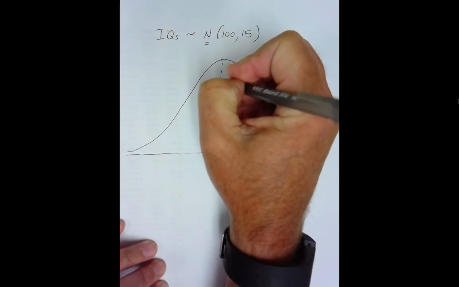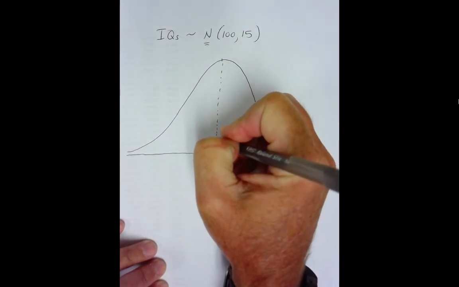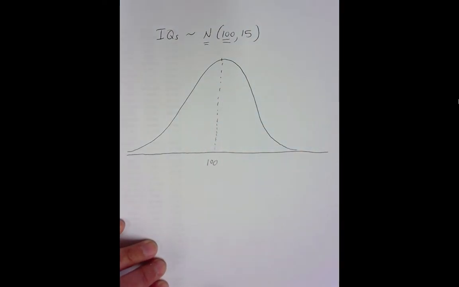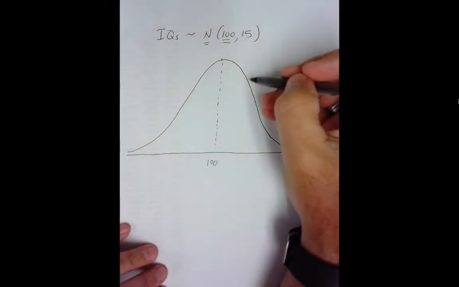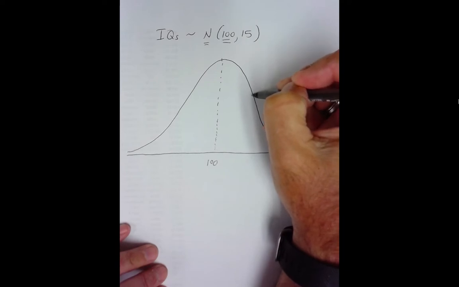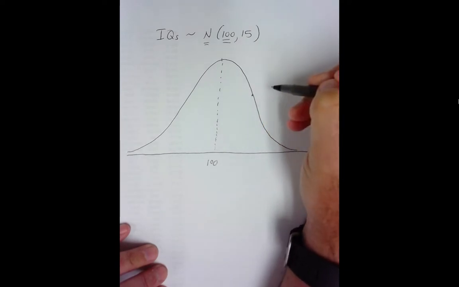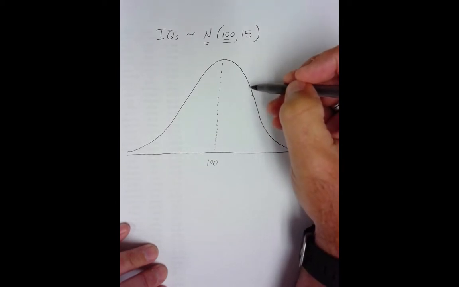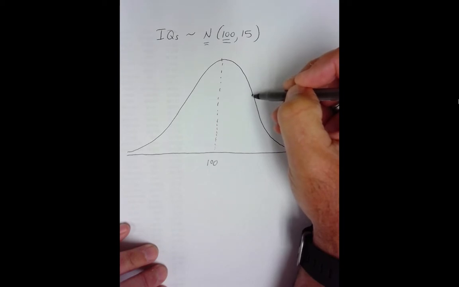I know that smack dab in the center of the distribution is the mean, so I know there's a 100 there. And I know there's a point right here, and it's pretty easy to find. If you've ever had a calculus class and you've studied derivatives, you've studied concavity. If you haven't studied this, it's no big deal.